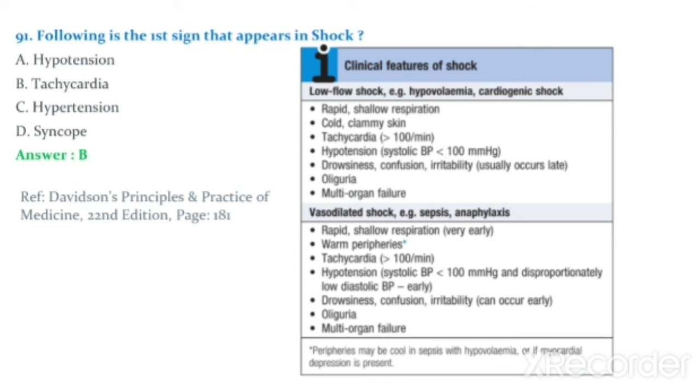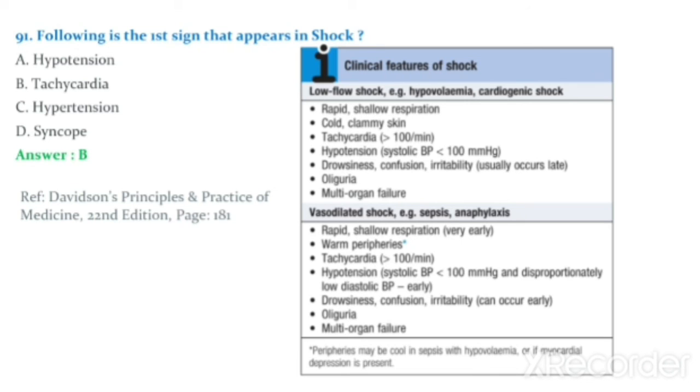Clinical features of shock. Low flow shock, for example, hypovolemia and cardiogenic shock, includes rapid, shallow respiration, cold, clammy skin, tachycardia, that is heart rate greater than 100 beats per minute, and hypotension, that is systolic BP less than 100 mm of Hg.